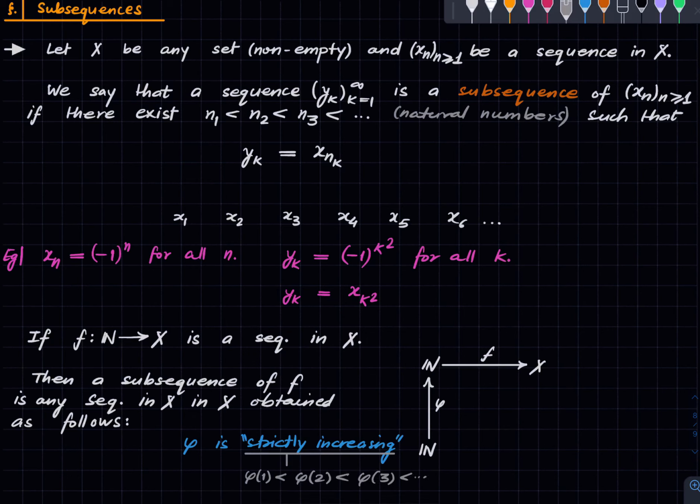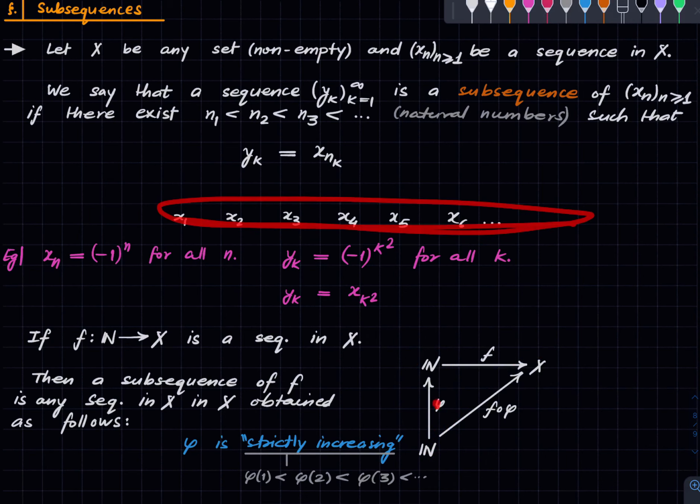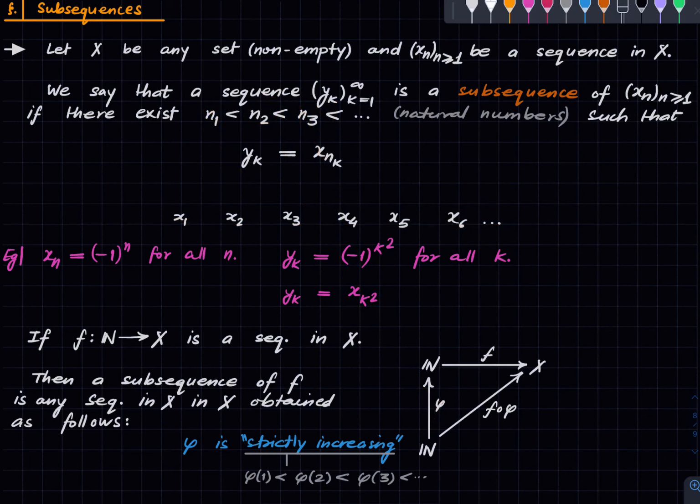So you pick any such function phi and then you compose it with f. This is a subsequence. Any such thing is a subsequence. So what does phi do? Phi is telling you which ones to keep. You are given a sequence. The phi is basically, phi 1 is n sub 1, phi 2 is n sub 2, phi 3 is n sub 3 basically. And those are the ones that you keep. Everything else you throw away.